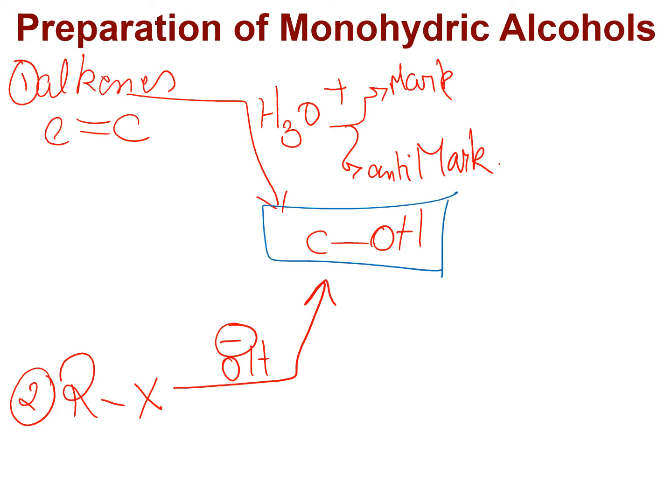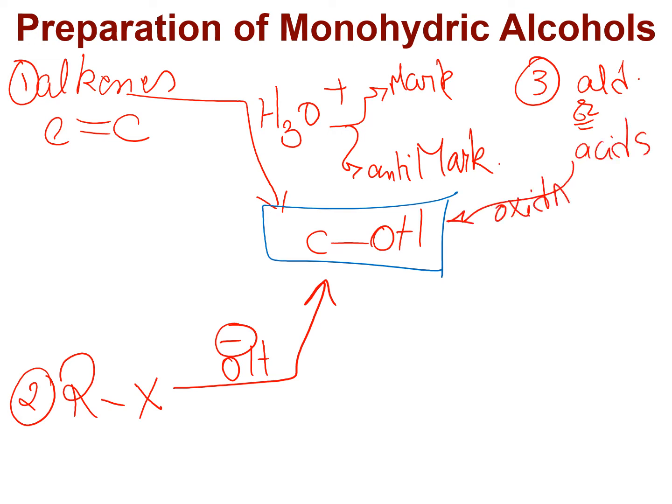The third method is that you can reduce aldehydes or carboxylic acids. These are the higher oxidation compounds. So by reduction, you can reduce these compounds to end up with the alcohol.